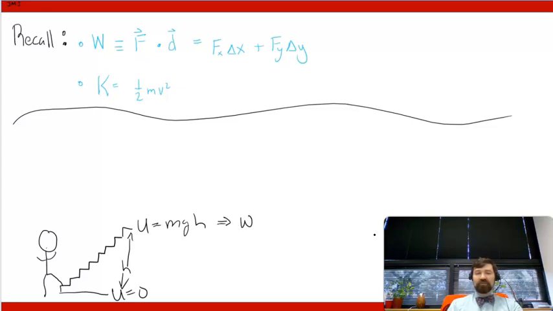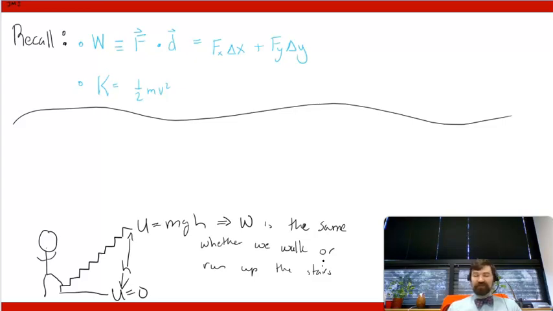It means that work is the same whether we walk or run. And I should qualify that statement by saying it's more or less the same. Obviously you have a different amount of, let's say, drag that you have to work against, like air resistance. So obviously it's not the exact same, but it's to within a reasonable approximation.